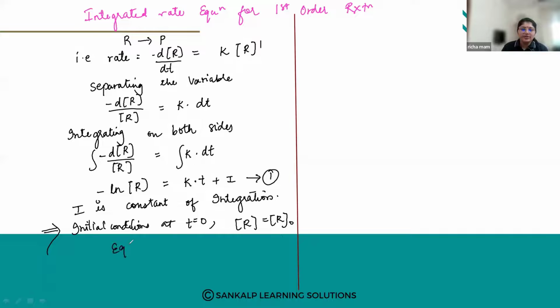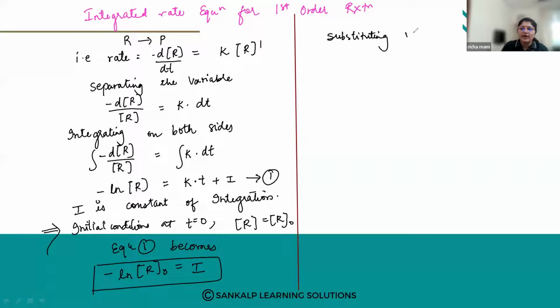So equation 1 becomes minus ln of r naught is equal to I. Now substituting the value of I in equation 1.